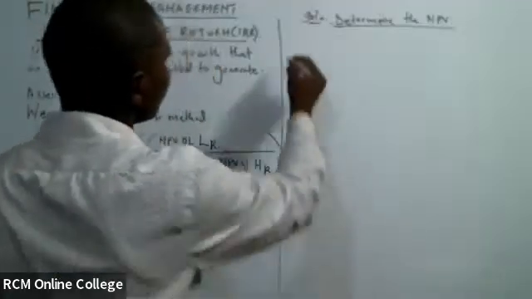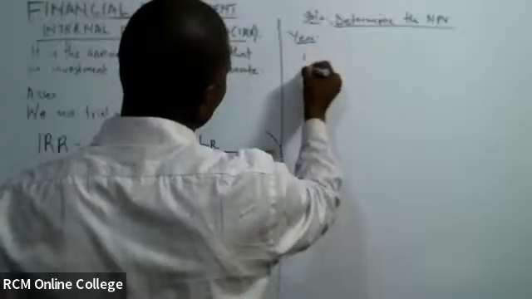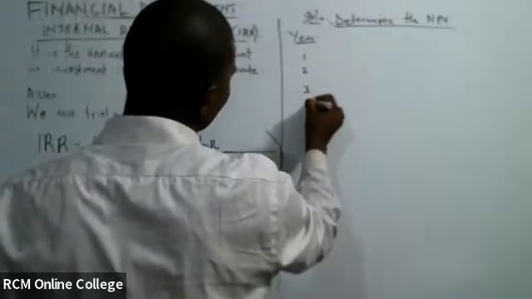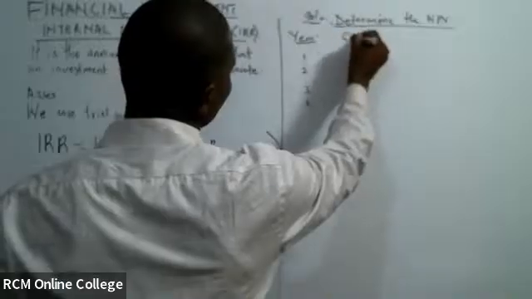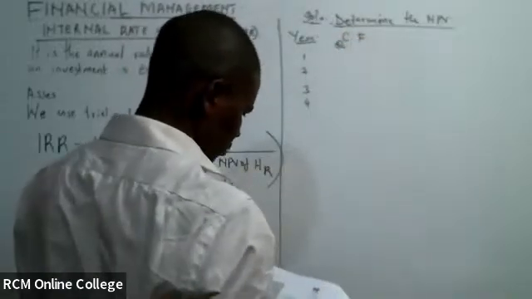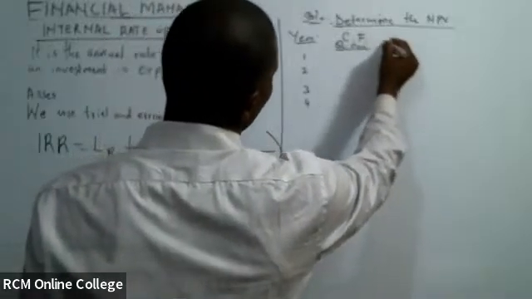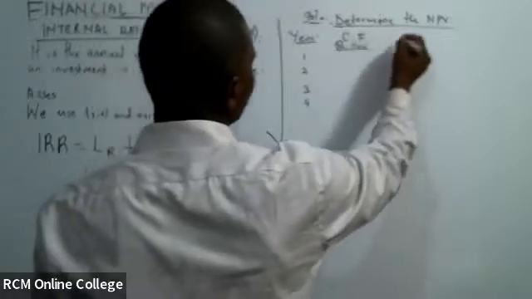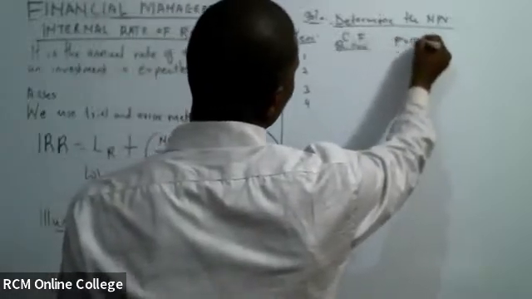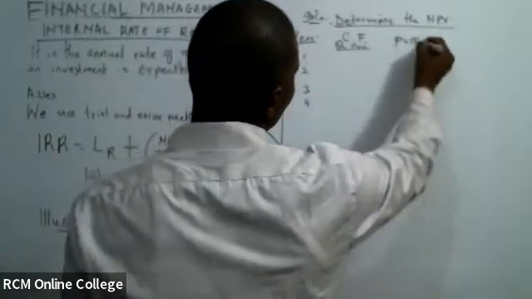So we have 4 years here. Year 1, 2, 3, 4. And we have the cash flow here. Shillings are in 1,000. Then what is our cost of capital? 12%, right?